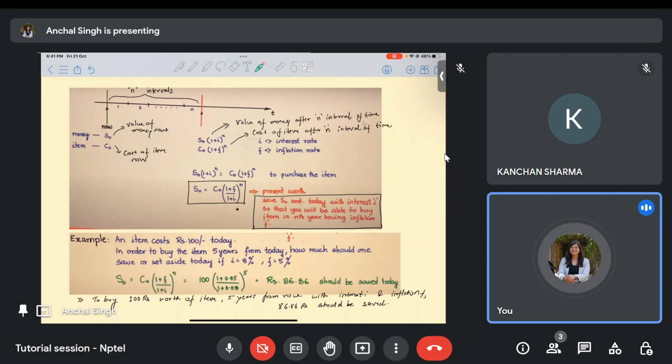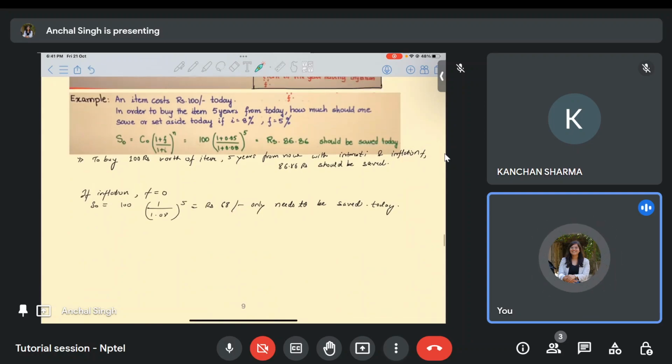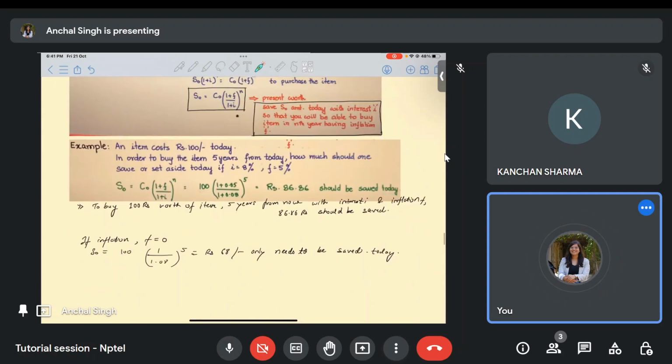If I need a relation between these two measures, then I can use this equation. And this is the basic example that sir has taken in order to demonstrate the use of this equation.